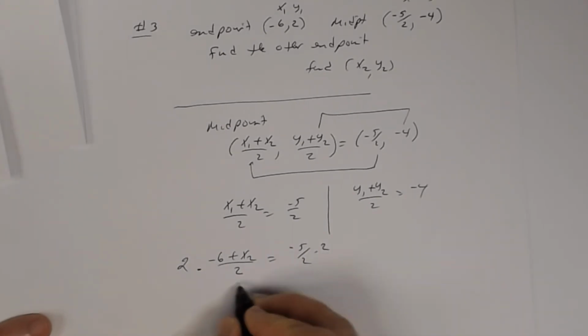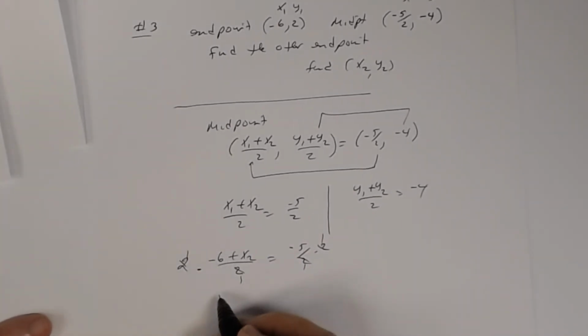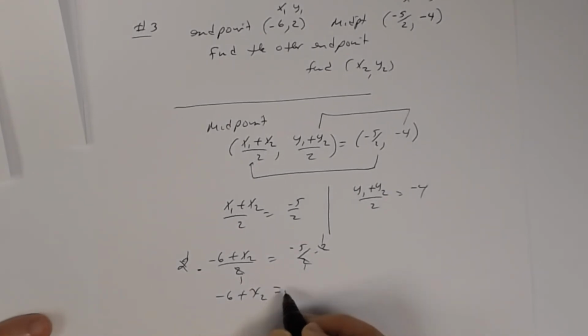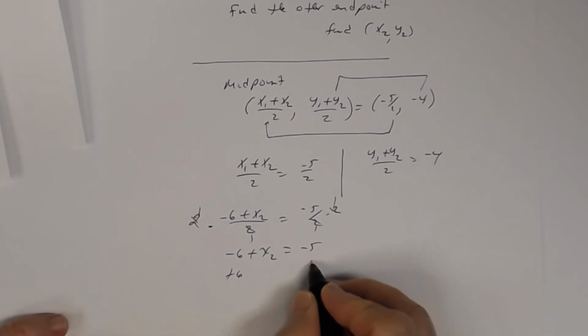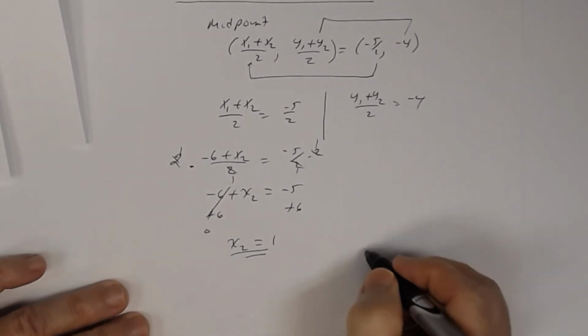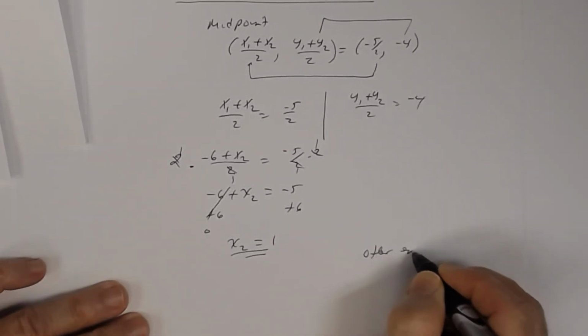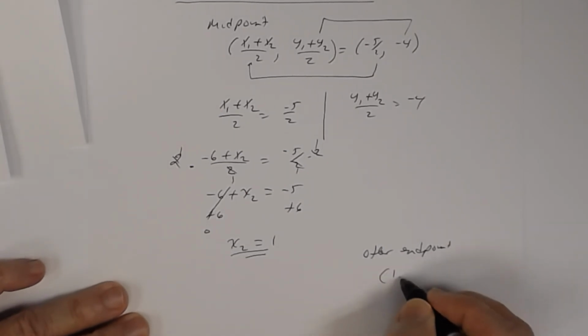These 2's divide out, these 2's divide out, and I get negative 6 plus x2 is equal to negative 5. All we have to do is solve for x2, so adding 6 to both sides, this is 0. I get x2 to be a positive 1. So the other endpoint will have x coordinate of 1.